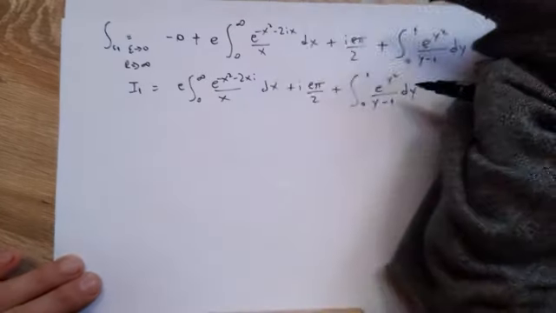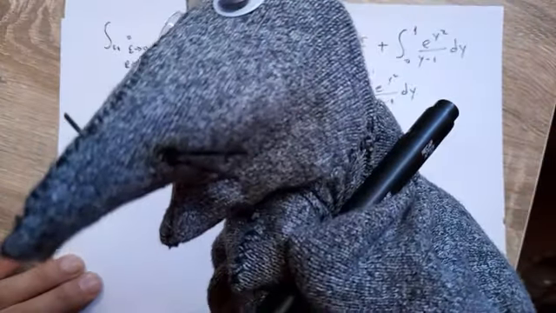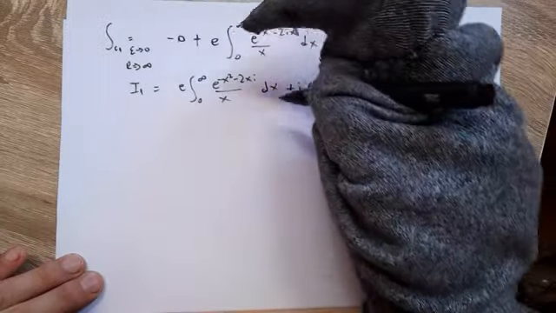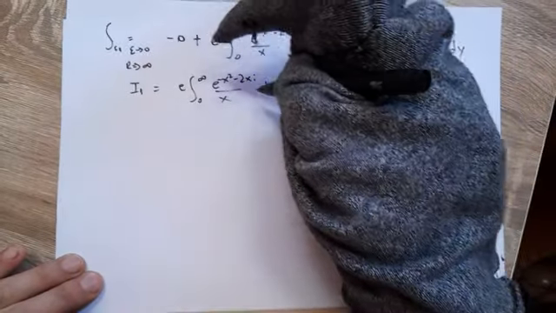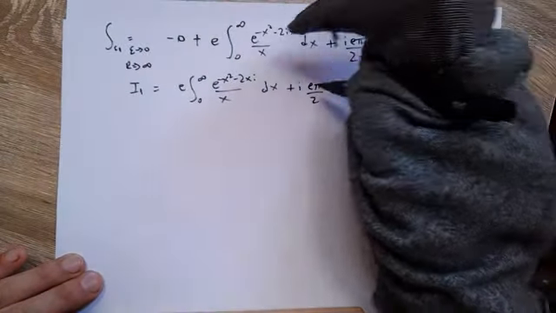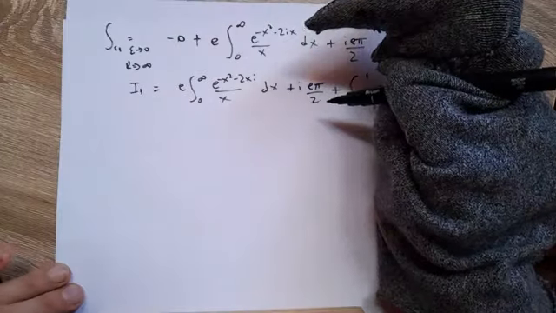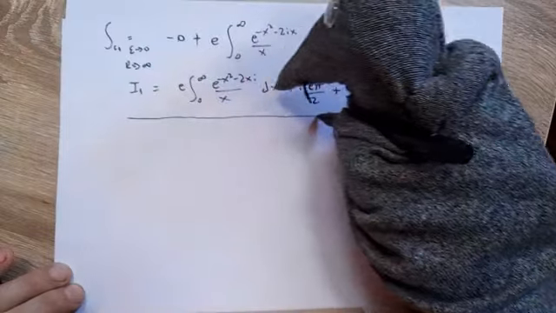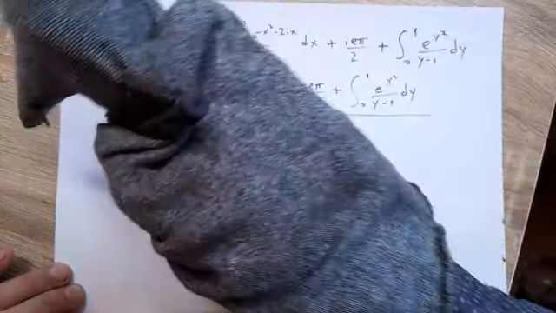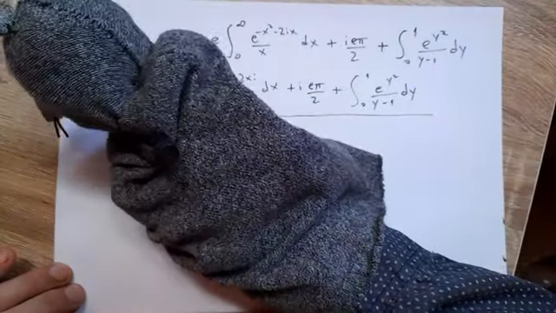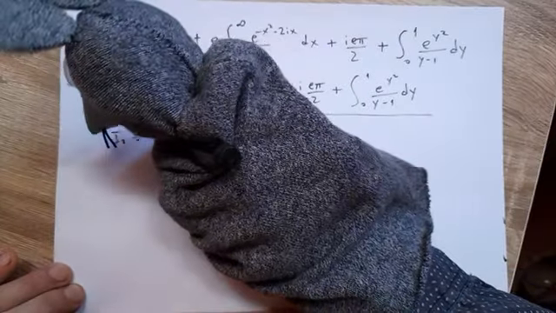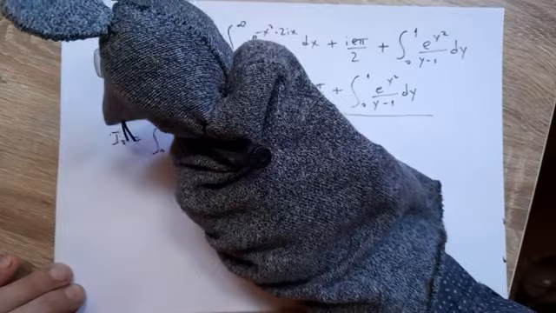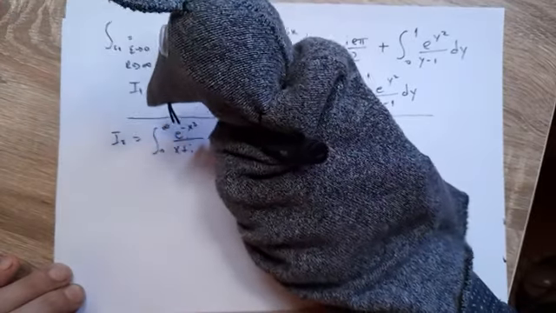So we have expressed our integral I1 as a function of these other two integrals and this constant. So then it remains to calculate I2. Let's remember I2 was the integral from 0 to infinity of e to the minus x squared over x plus I dx.